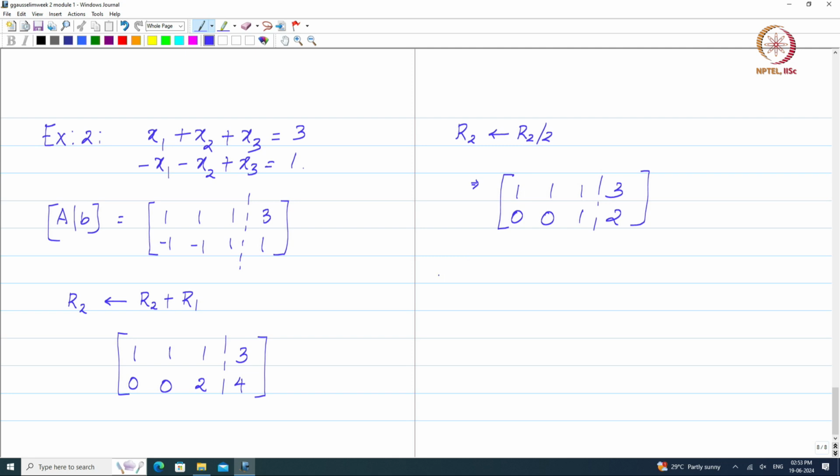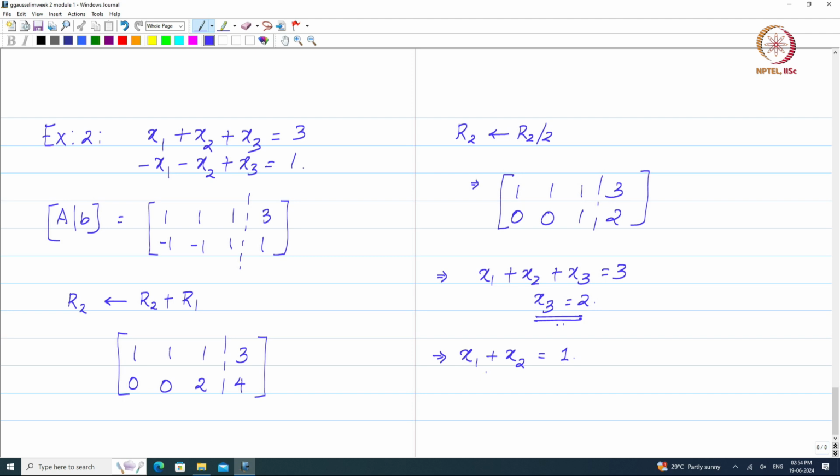So, x1 plus x2 plus x3 becomes 3 and 2x3 becomes 4. So, x3 is 2. Again substituting in x1 plus x2 plus x3 is equal to 3, then x1 plus x2 plus 2 is equal to 3, and finally x1 plus x2 is equal to 1.